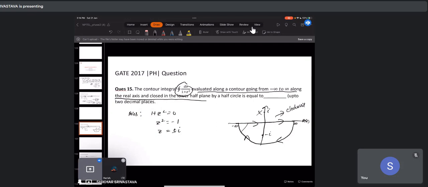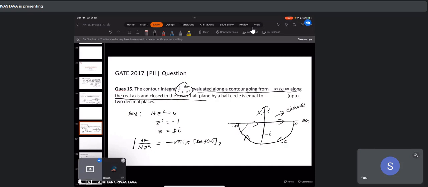So by Cauchy's residue theorem, this is nothing but minus 2 pi, minus because this contour is going in the clockwise direction. Therefore, minus 2 pi I times the residue of that function f(z) at the poles which lie within this curve C.